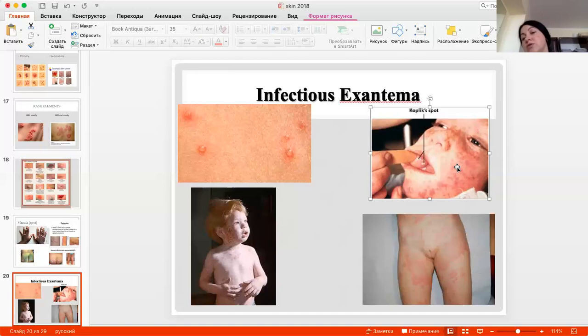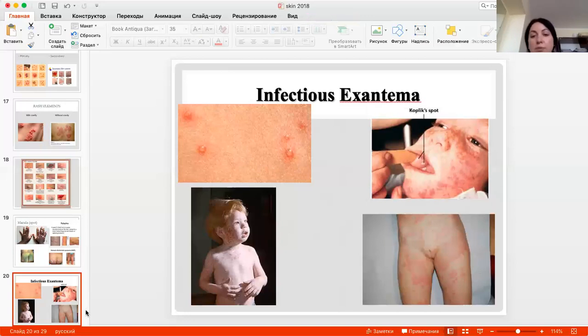The skin rash starts from specific regions, mostly the prominent parts of the face, behind the ears. Then the next day it spreads on the whole face and upper part of the body. Then the whole body will be covered by the third, fourth day, and the whole child is covered with such a rash.